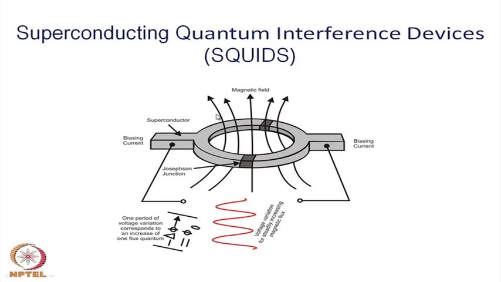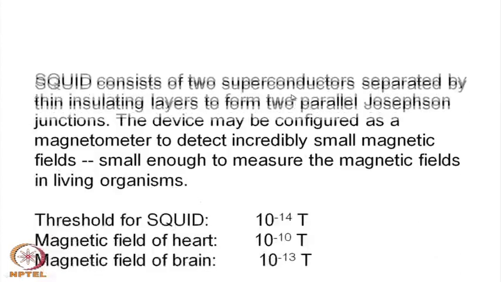Depending on the number of flux lines passing through this ring, one can find a certain generation of voltage, and that voltage can be generated even with a very small number of fluxes, and therefore this system becomes a sensing device for very feeble magnetic fields.